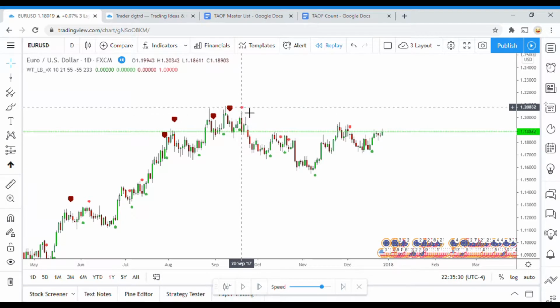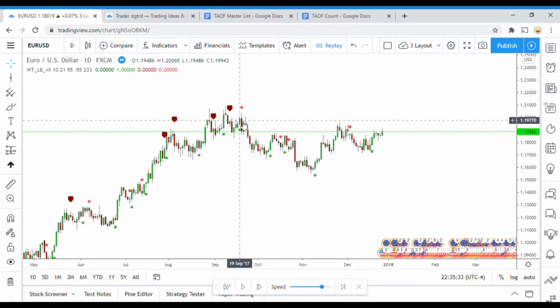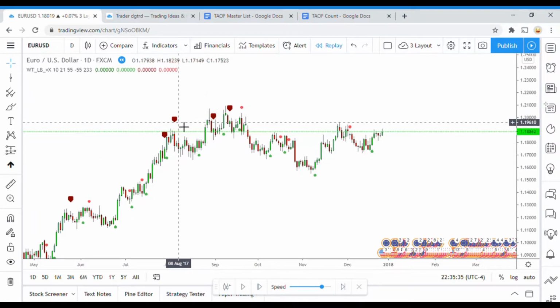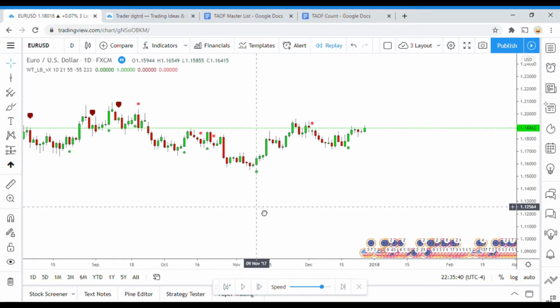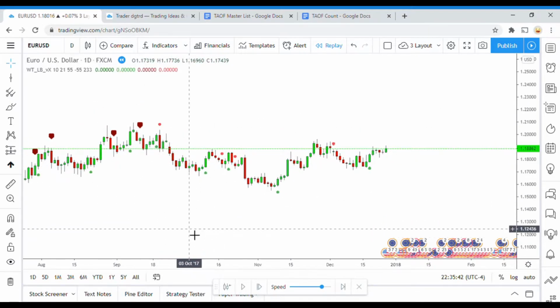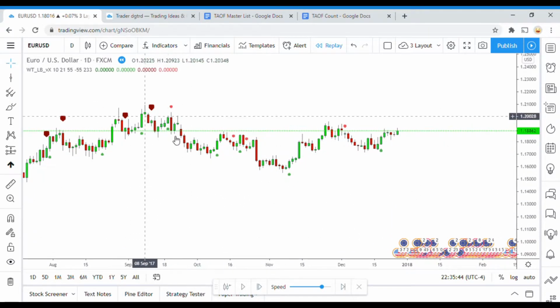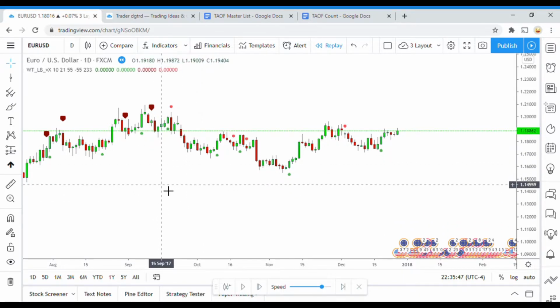It has these small red and green labels and these large red and green labels. I also found a couple other ones. I think one was actually like an oscillator, and a few other different wave trend style indicators. So if this is not the one that you were referring to when you asked me if I was going to test it, my apologies.